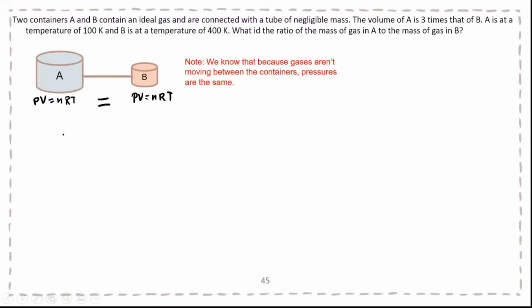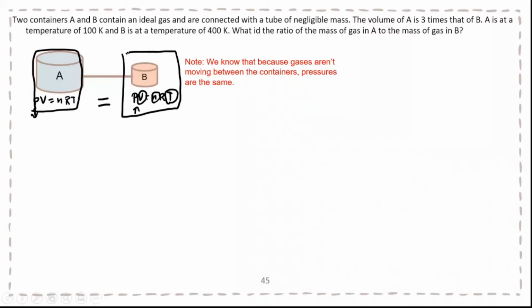If you lower the pressure of this, then this will go up. The values of pressure, temperature, or moles will just adjust in order for them to be equal. So just know that PV equals nRT of A is equal to PV equals nRT of B. So if we write that, PV is equal to nRT of your A.